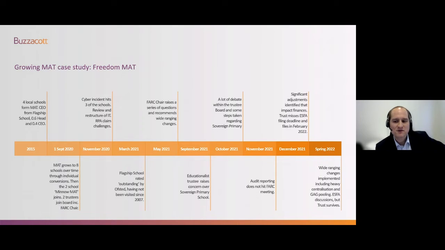But she felt a lot of the information was really just them trying to coordinate and pull together the information across the schools, and they didn't think the CFO was really in command of the situation and able to discharge their duties as CFO of the trust, and that theme was mirrored across a number of areas, and so she made quite a number of recommendations of things that she felt needed doing really for her and her committee to discharge their responsibilities.